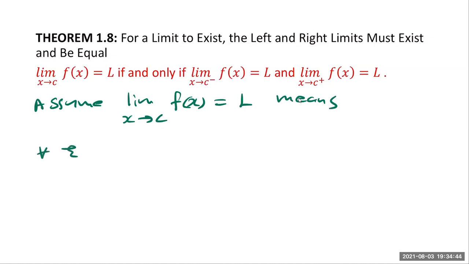That means for all epsilon greater than 0, this symbol is for all. This says for all.